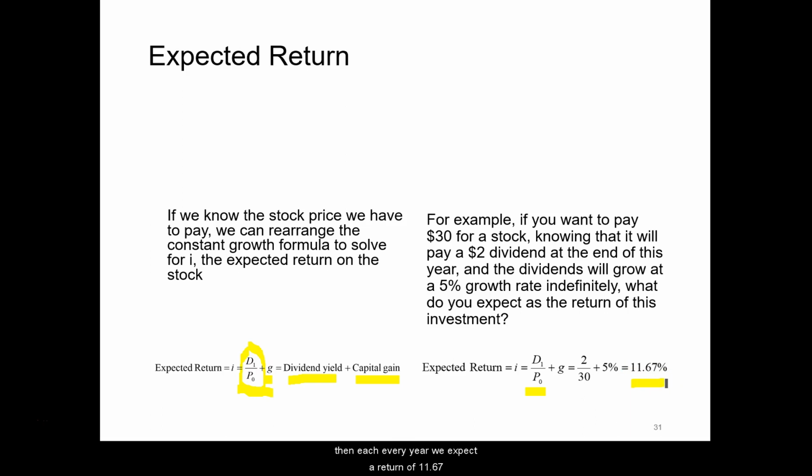Out of the 11.67%, 5% is from the price appreciation, or say the capital gain yield, and the other 6.67% is actually from the dividends.